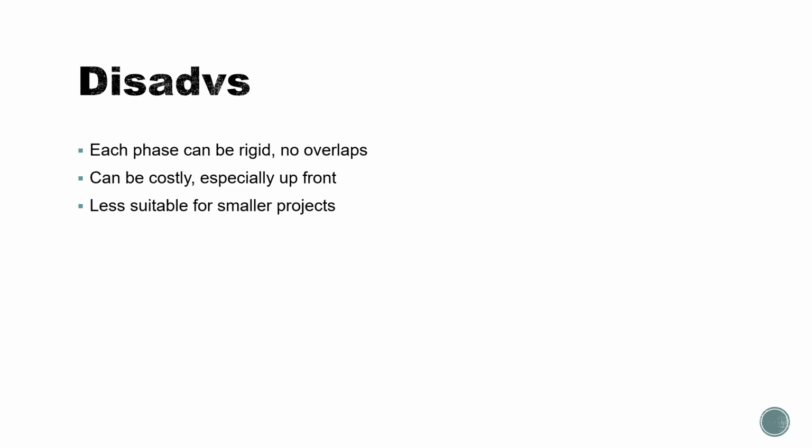Now, obviously, because of that, it's generally not as suitable for smaller projects, because it may need more money given to it, and therefore it could be not quite as suitable for them as other things.